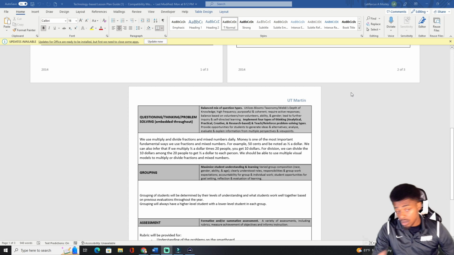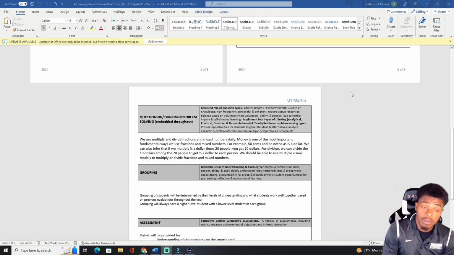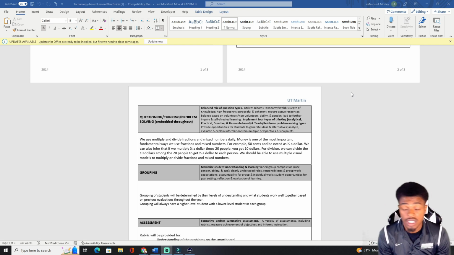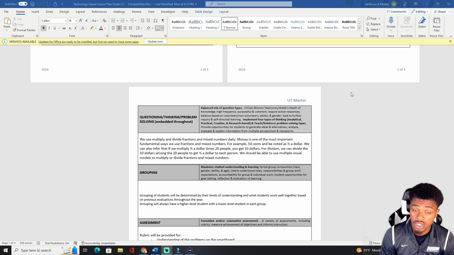Also, we use multiplication and division daily. We multiply and divide fractions and mixed numbers daily. Money is one of the most important fundamental ways we use fractions and mixed numbers. Fractions and mixed numbers can also be represented by decimals, which we will get into on another standard.